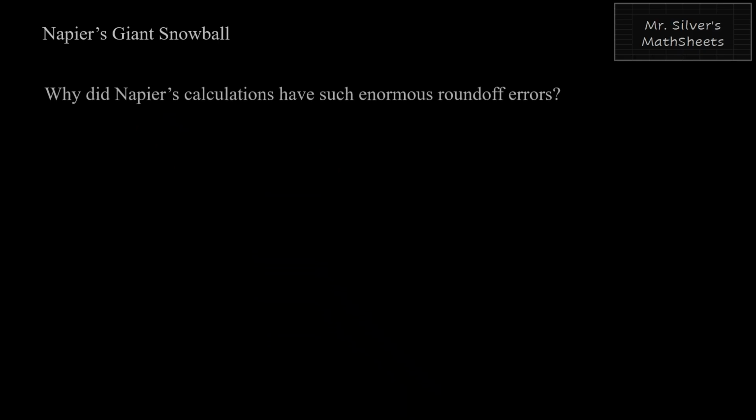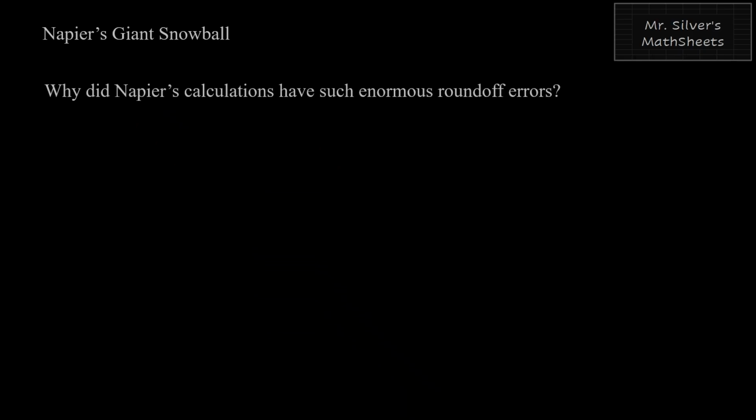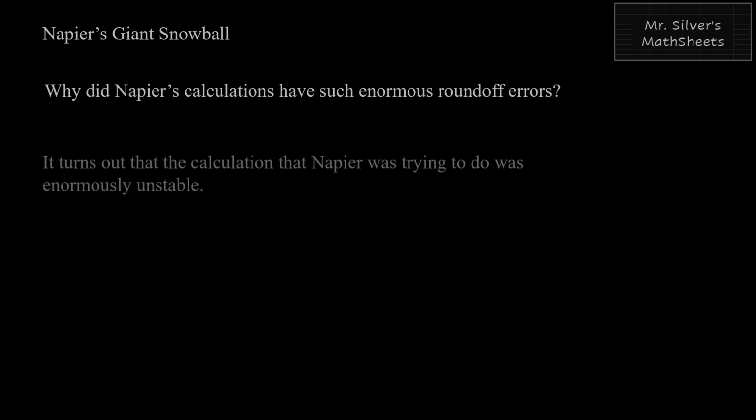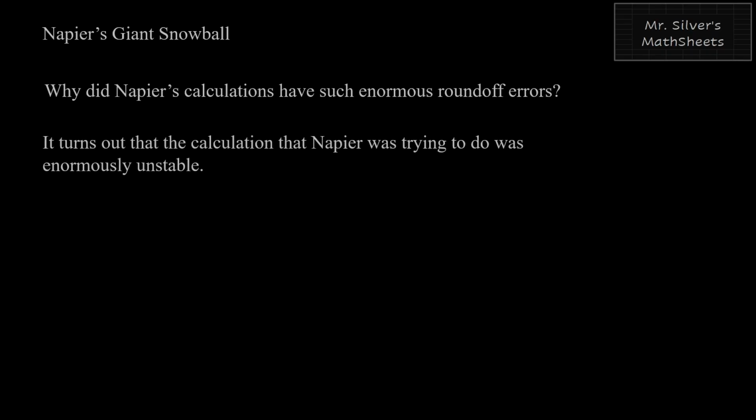Why did Napier's calculations have such enormous round-off errors? It turns out the calculations that Napier was trying to do were enormously unstable.